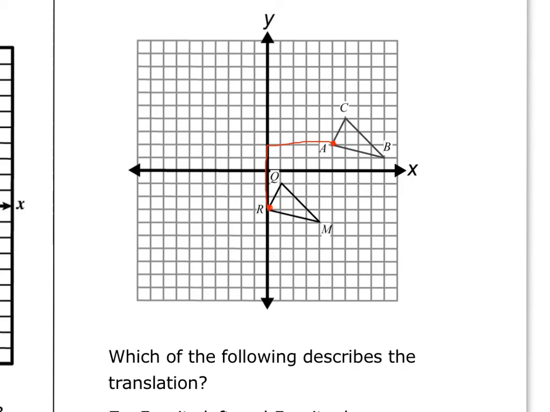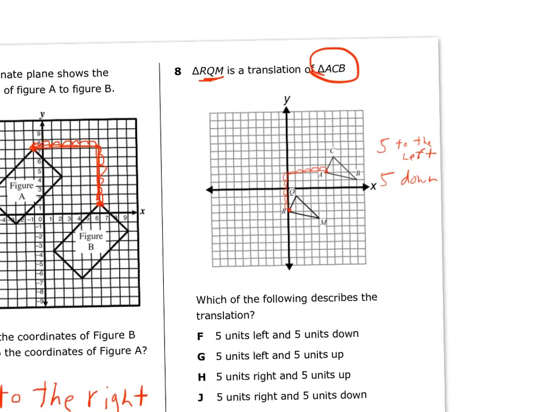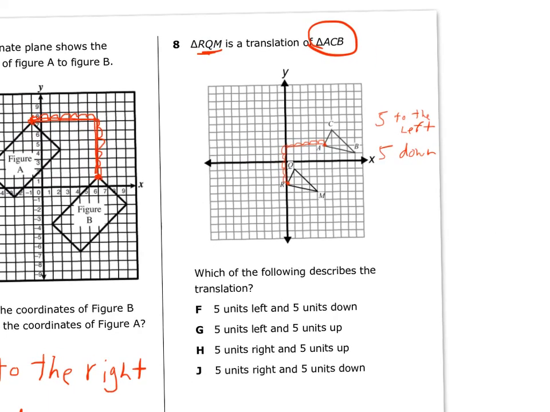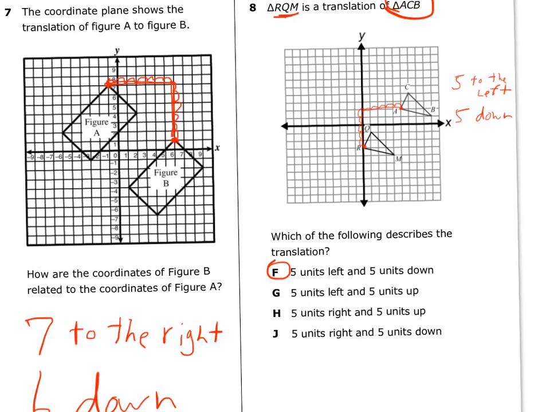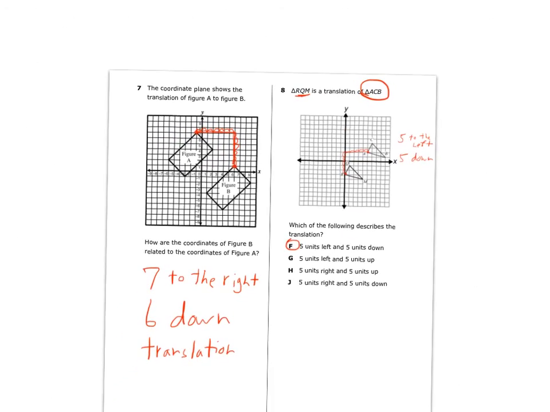We went 1, 2, 3, 4, 5 to the left. And 1, 2, 3, 4, 5 down. Alright, let's get our answer choices. 5 left, 5 down. F is our answer. It is easy, isn't it?